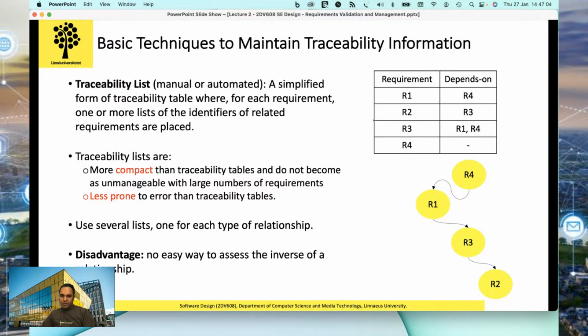So R3 will come before R2, and so on. So if we build a graph, we can see from the graph that R4 should be implemented first, and then R1, then R3, and then R2. In this way, we can also prioritize or order the requirements.